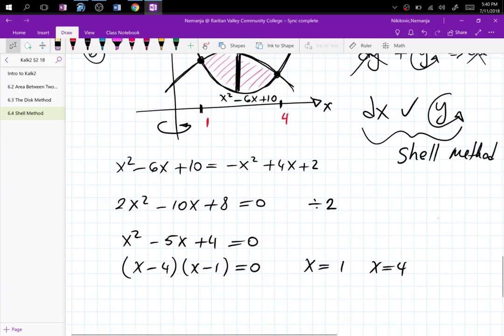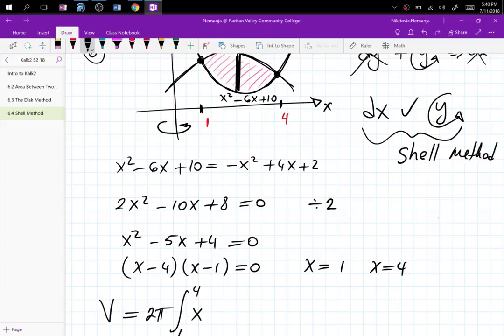So now I'm going to set up the volume formula using shell. I have 2 pi, integral from 1 to 4. Position. We are integrating around the y-axis, so it's just going to be x.